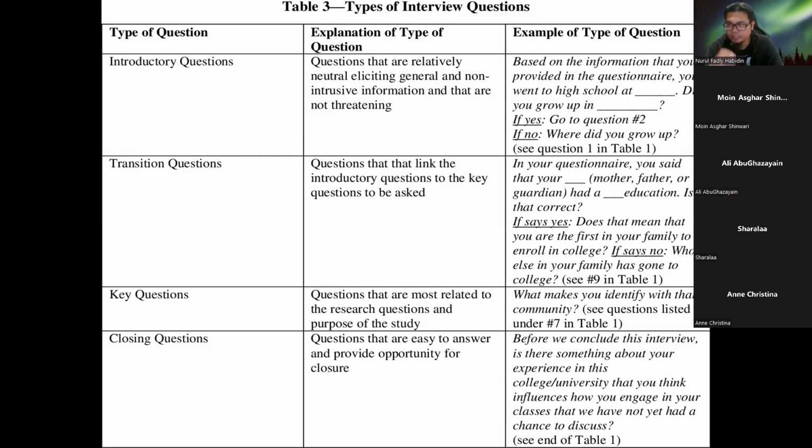But the most important here is actually the key question, because the key question is directly to answer your research question and objective. But the introduction, closing, and transition are also related and important, so the numbers of interview questions should be balanced. Okay.